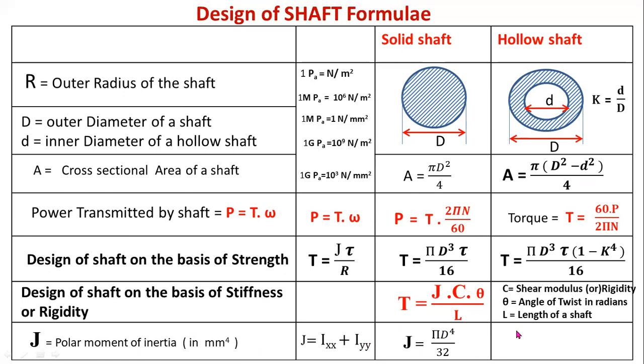In a similar way, the polar moment of inertia for a hollow shaft, J equals pi d power 4 by 32 into 1 minus k power 4, where k equals inner diameter by outer diameter. So these formulas are very important for design of solid and hollow shafts.